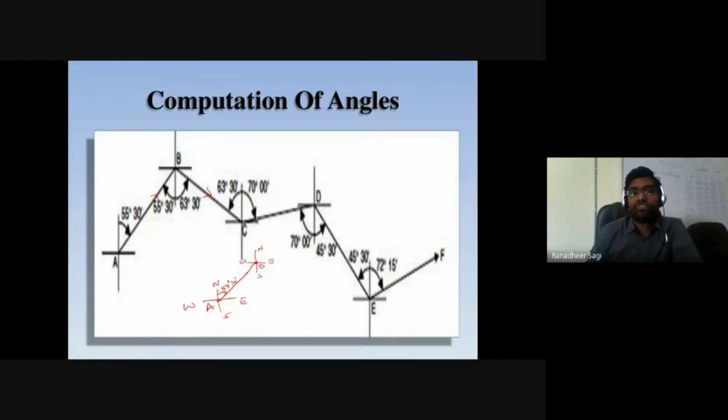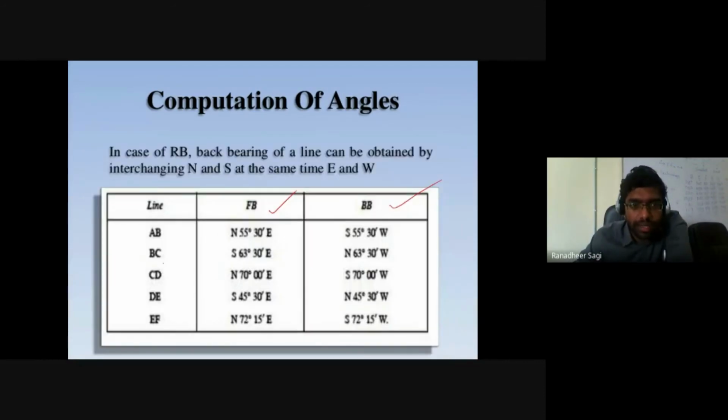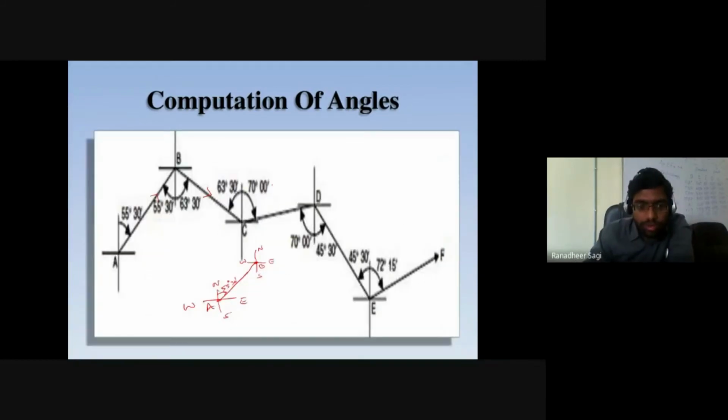So for that line BA, the corresponding bearing we have already calculated. The back bearing of line BA is south 55 degrees 30 minutes west. South to west means it is this; the angle is 55 degrees 30 minutes.